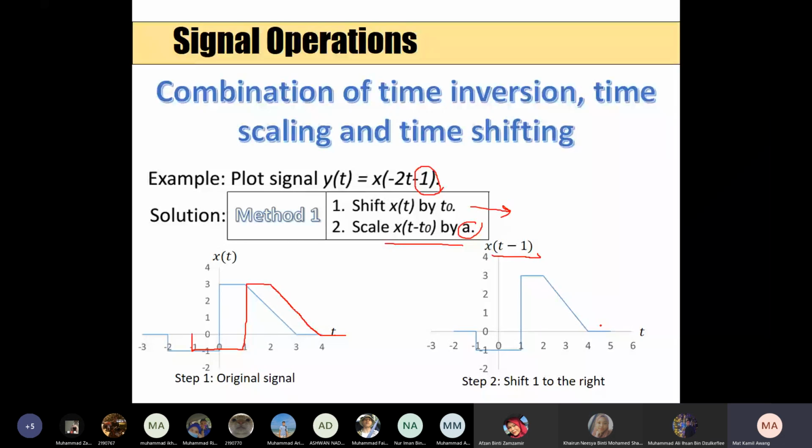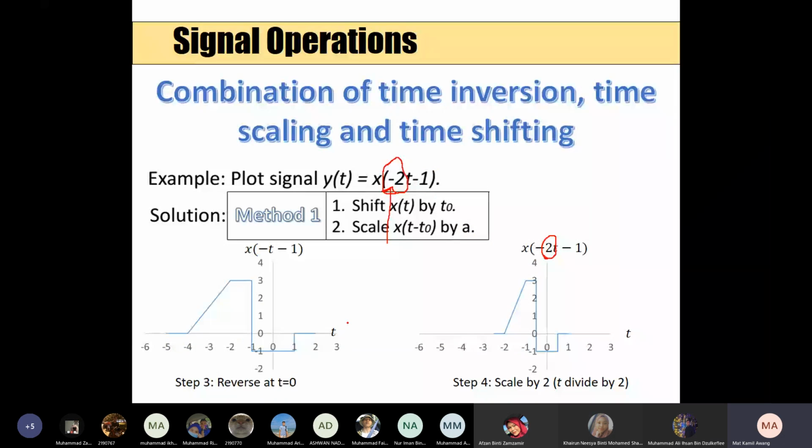After that, after the shift, you do the reversal. So basically you flip with respect to the y-axis in this case. Then you scale because the magnitude of a is greater than 1, therefore it compresses.